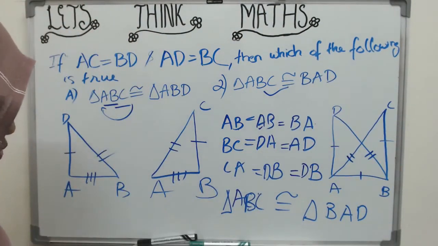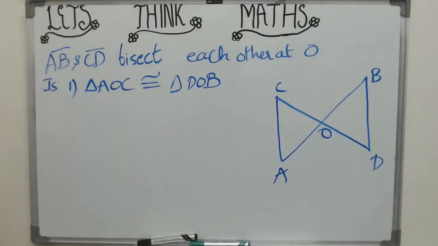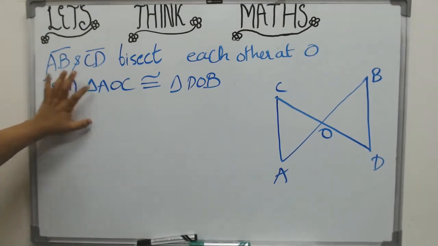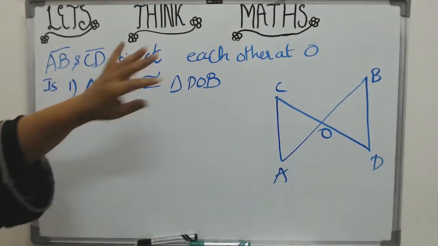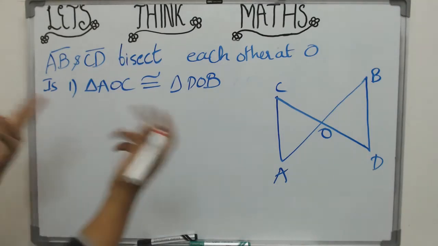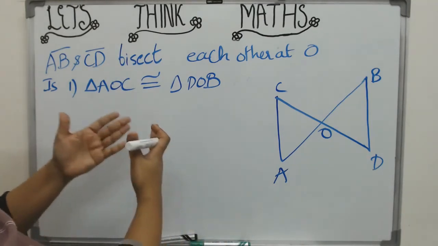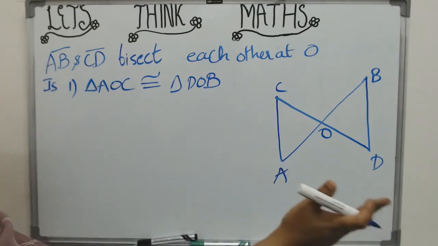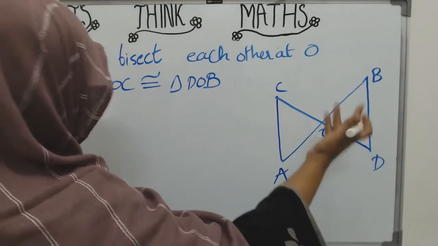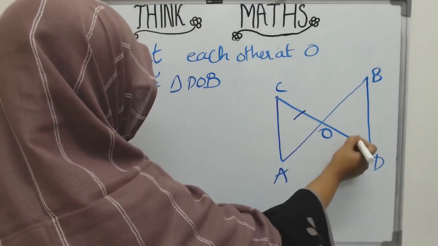Now we will just do one more problem. The line segments AB and CD bisect each other at O. What does bisect mean? Anything by is 2, tri is 3. So bisect means cut into two equal parts. So AB is cutting CD into two equal parts, right?